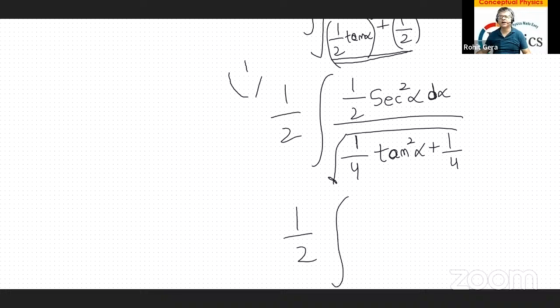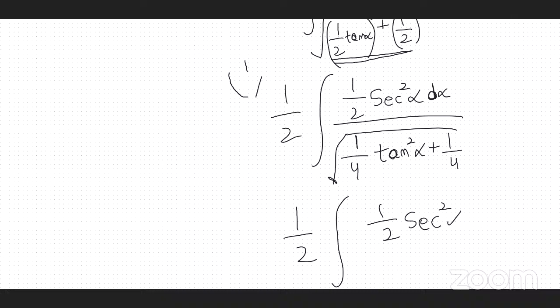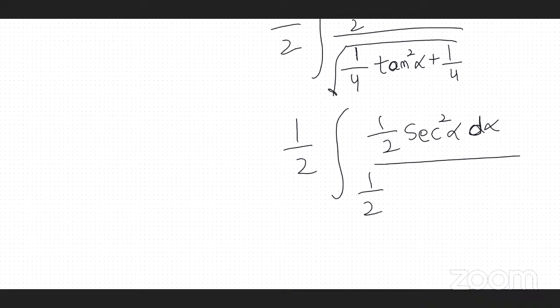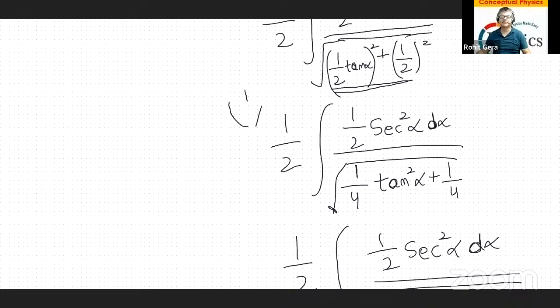All what you're doing is most of them are standard rules which have to be memorized for integration. We are doing derivation type of, but at the end of the day, all of this will become rules. The moment you see 1 upon under root of a square plus x square, answer is this.